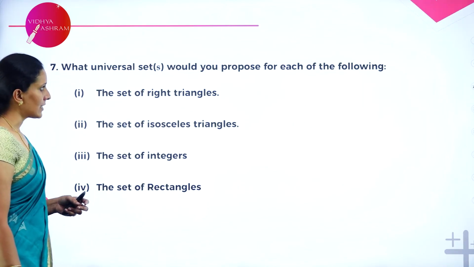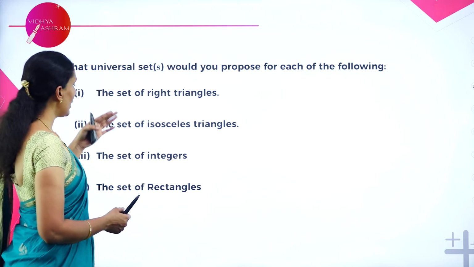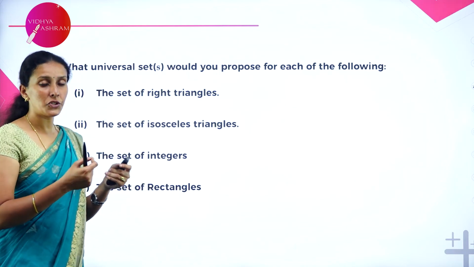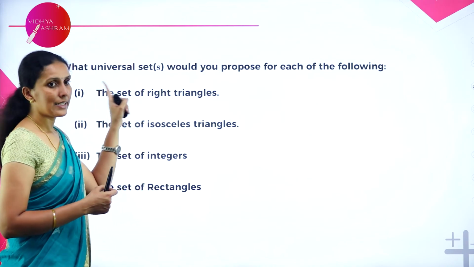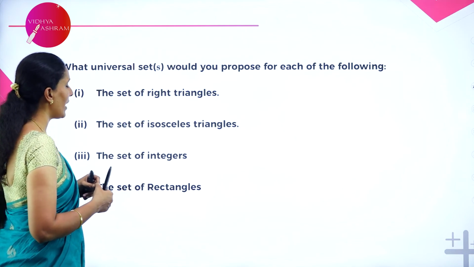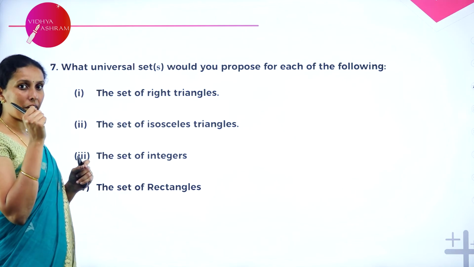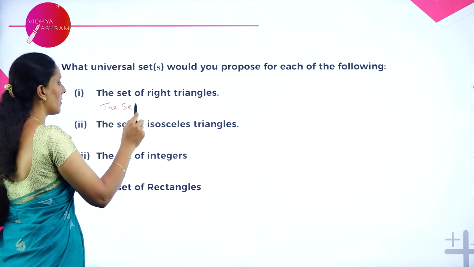What universal set would you propose for each of the following? Now, looking at the given examples, we need to suggest what universal set each set can take. The set of right triangles. When I say right triangles, there are only right triangles. So, therefore, the set of triangles.